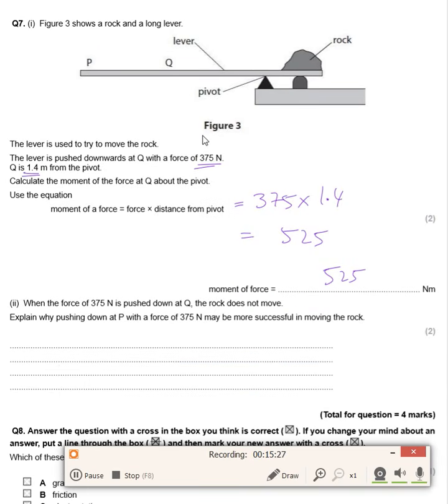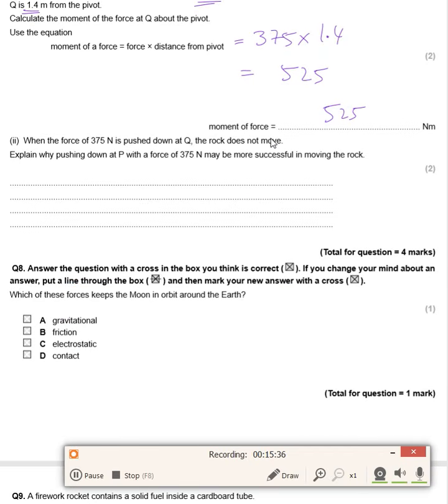Now the force is this, push Q. The rock doesn't move. Why does pushing at P make it more successful? Now we know moment is force times distance. So what we have is P has a larger distance from the pivot, so we are identifying that the distance is larger.